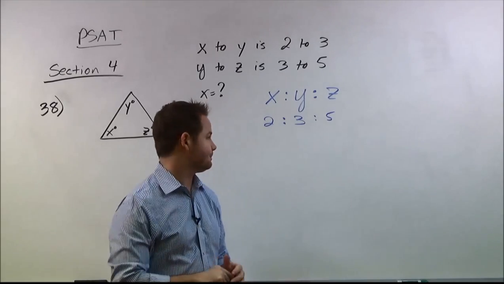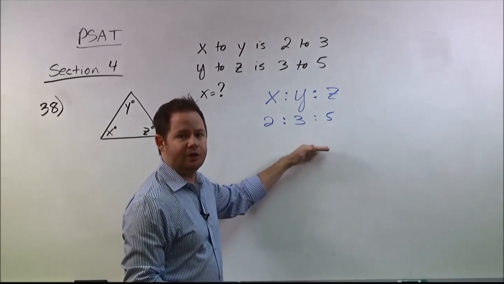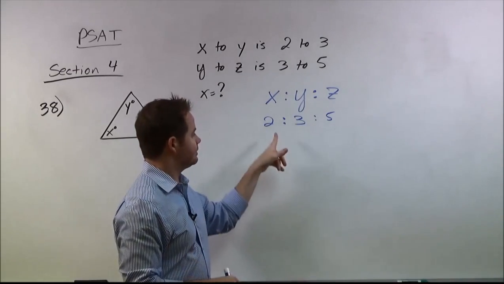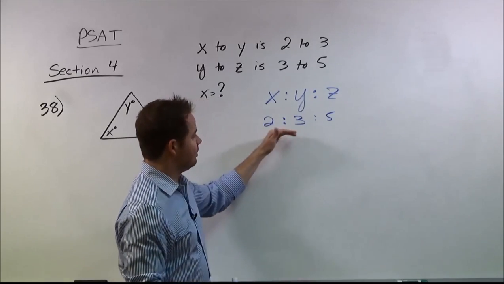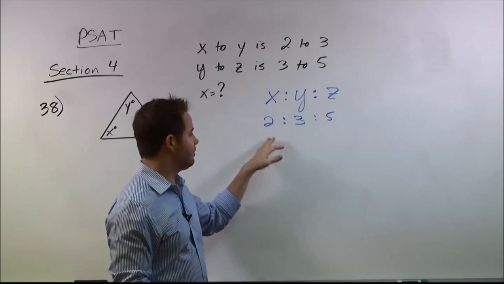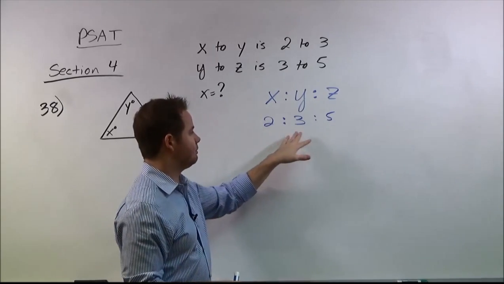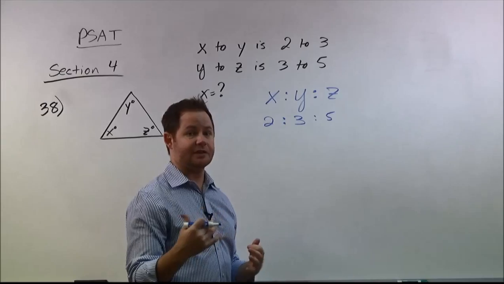So what do we do? Well, to expand a ratio, the ratio will still remain intact. Those relationships will be the same as long as you multiply each by the same value. So you could double each of them or triple each of them or multiply each one by 10 or by 1,000,000. As long as you're multiplying them each by the same value, you're going to arrive at the same ratio.